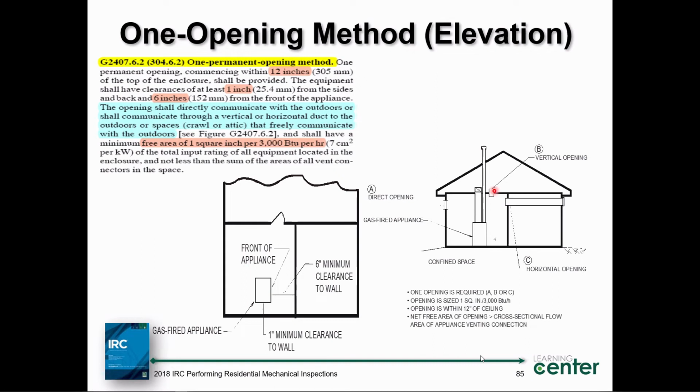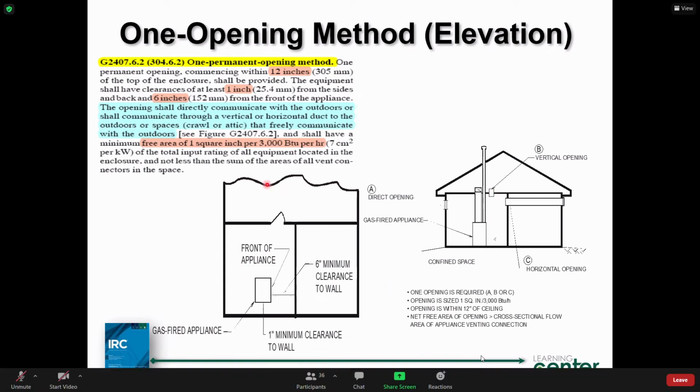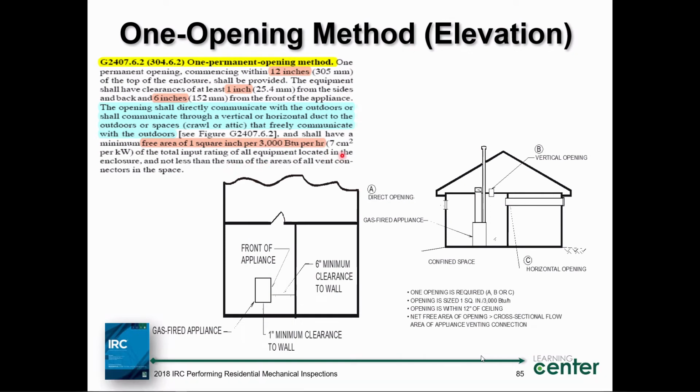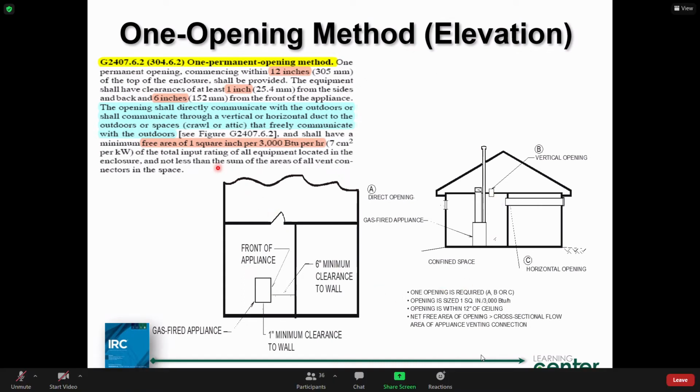There's one further thing that people may miss, and I've seen this happen before. Don't forget about your vent connectors, because the last sentence, ladies and gentlemen, says, not only do you have to calculate this area of opening, this opening area cannot be smaller than the total combined connector areas of all of the appliances in the room.